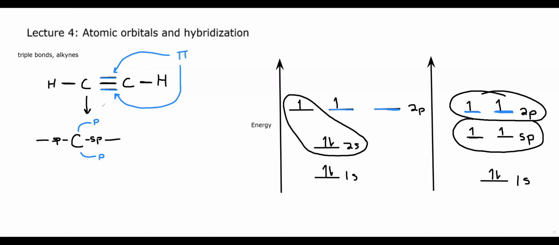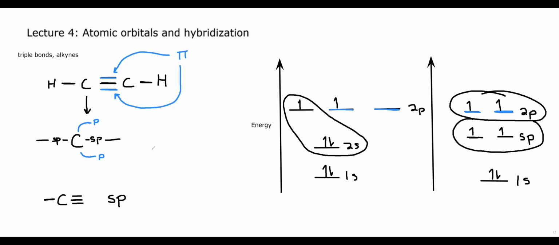Okay, so carbon, when it has a triple bond to it, is sp hybridized. It makes two normal bonds, two sigma bonds, and then it has two pi bonds.